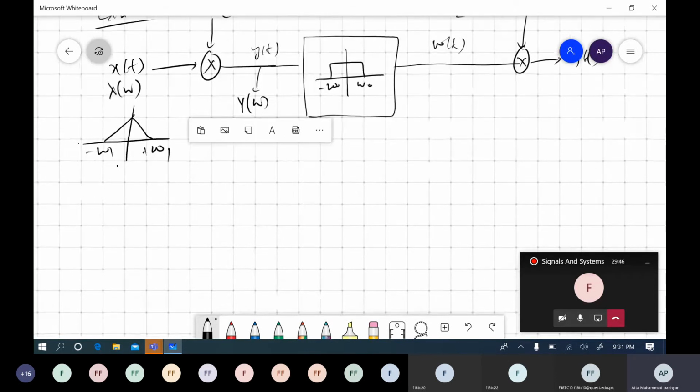So when you convolve this signal, I am just concerned with the omega axis, sorry, I am not concerned with the amplitude. What would be the amplitude?